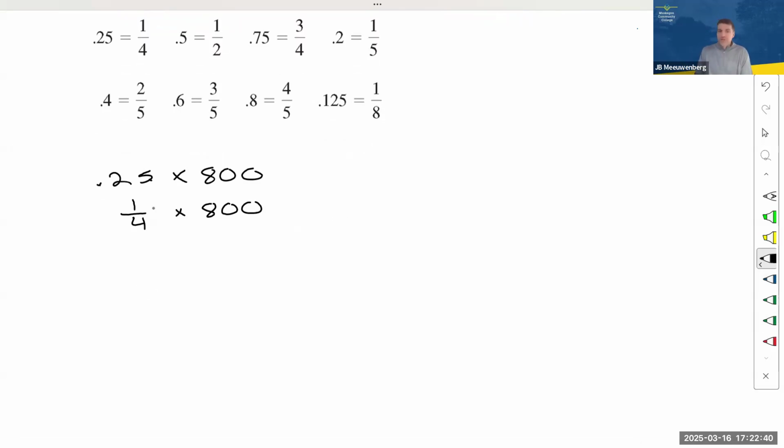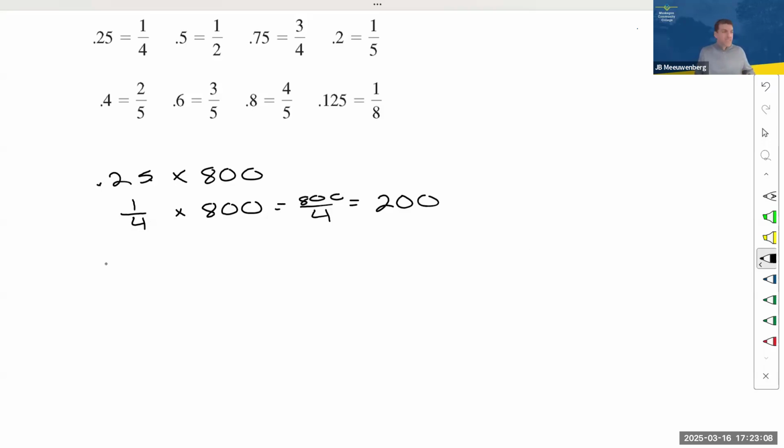From there, you could do this a couple different ways. You could think about it as 800 divided by 4, or you could even do some cancellation. 4 cancels with the 800 to be 200. In any case, you're doing 800 divided by 4, which is 200. Multiplying by 0.25 is the same thing as multiplying by a fourth or dividing by 4.